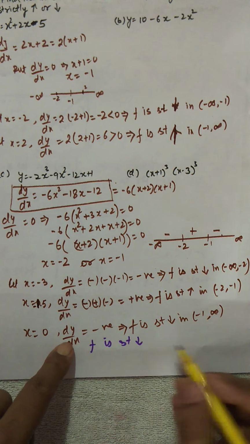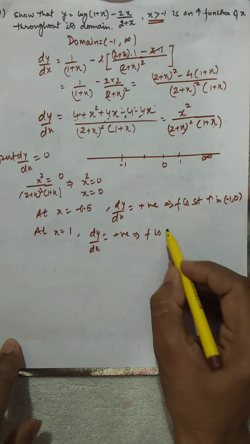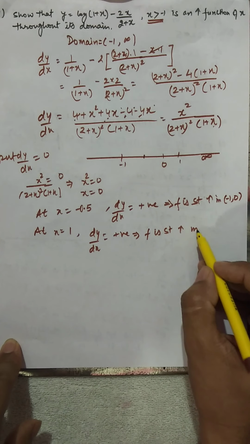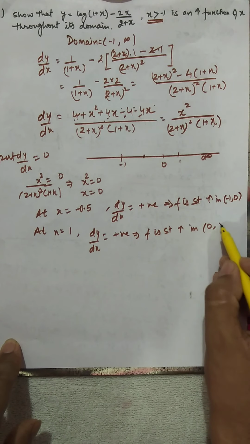Now you can take another point, x equal to 1. So your dy by dx is, this is positive, this is positive, 1 plus x will also be positive. So this is again going to be positive. So it implies that f is strictly increasing in 0 to infinity. So you can see that throughout its domain, this function is increasing.